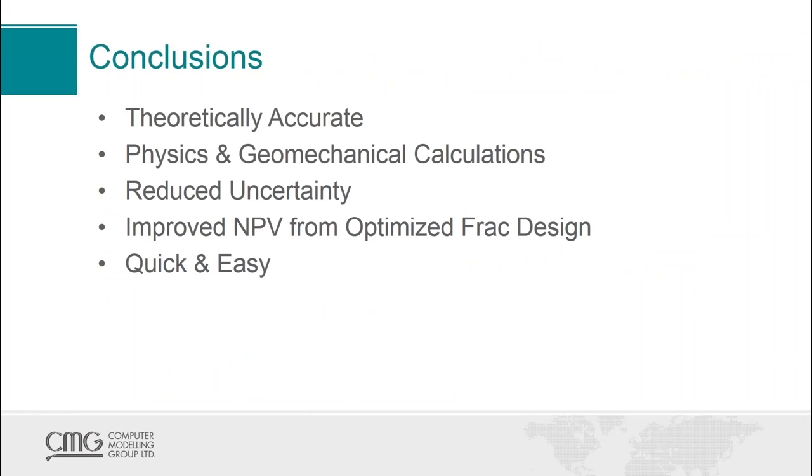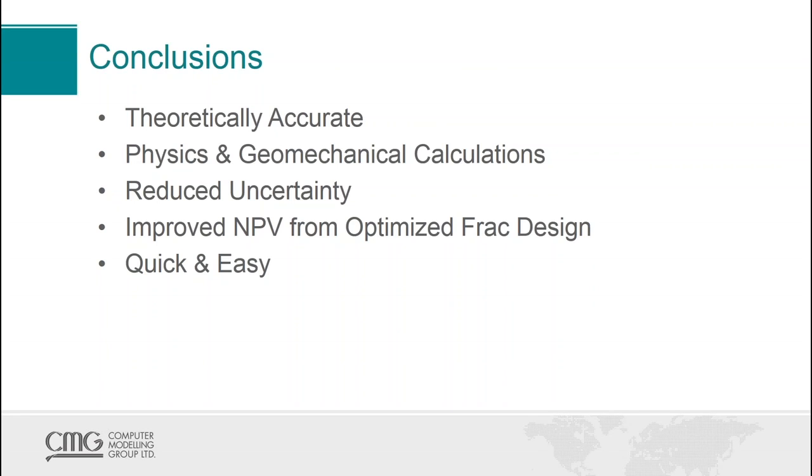So what are we trying to say here? We think that integrating hydraulic fracture modeling results from third-party tools into your current unconventional workflow is more theoretically accurate. Instead of using ballpark estimates for fracture properties such as conductivity and half length, you can now take advantage of physics and geomechanics-based calculations.